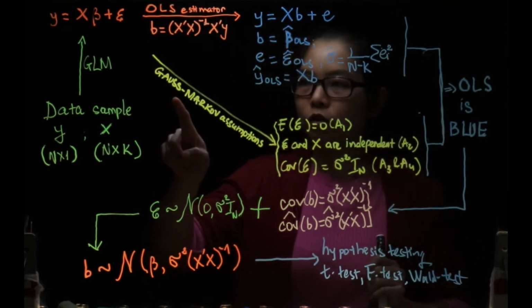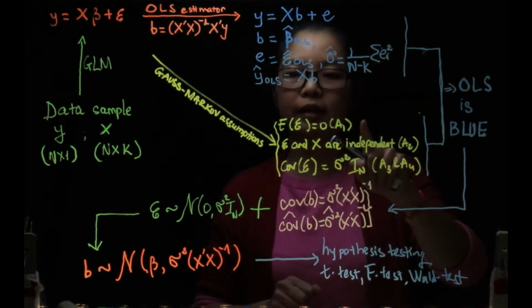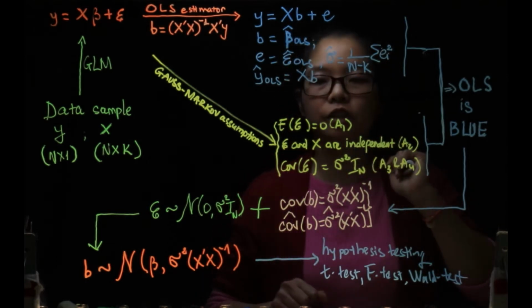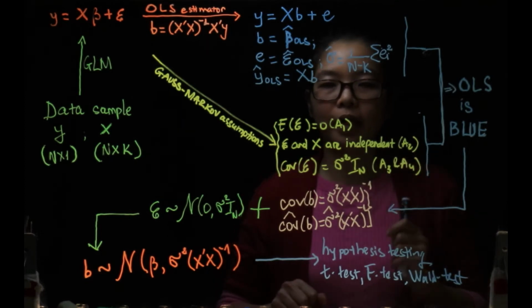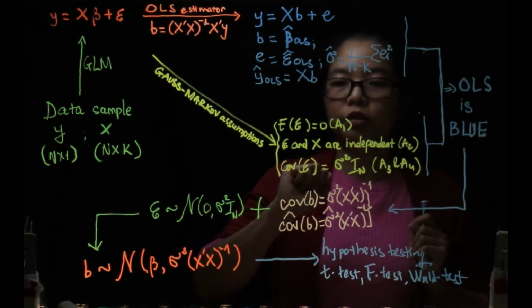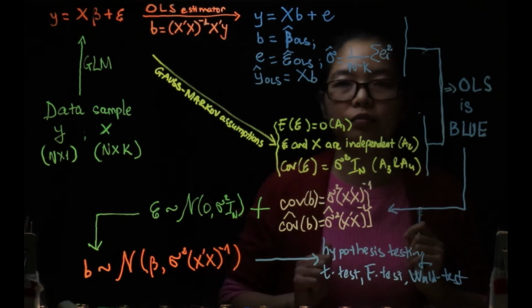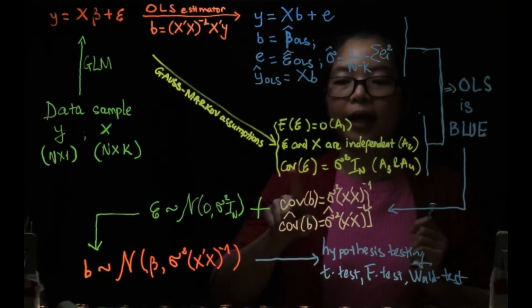Then we have also looked at the Gauss-Markov assumptions. First, the average error should be expected to be 0, A1. The error term and explanatory variables X are independent, A2.